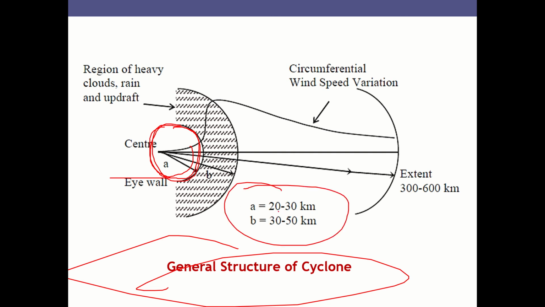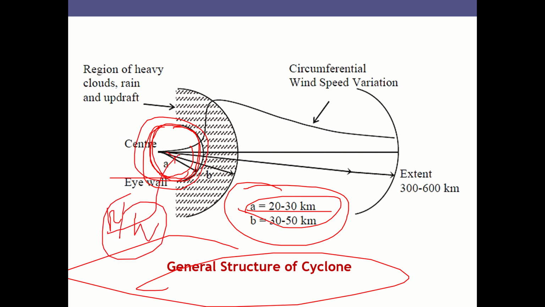Here we experience the formation of the cyclone, and it can range up to 20 to 30 kilometers of radius. Predominantly in this central portion, we normally do not experience any rainfall or the pressure of wind. It is a kind of cylindrical pressure that is formed.